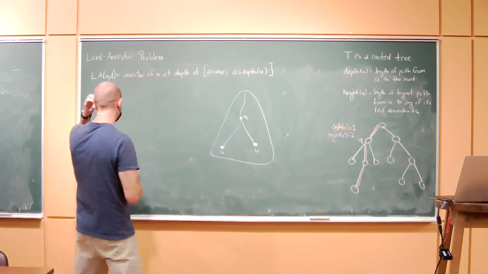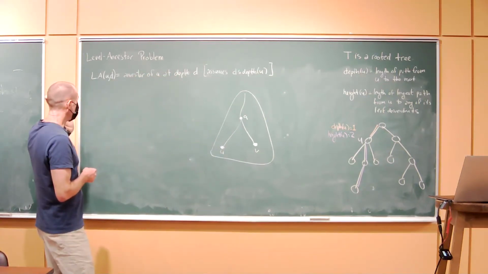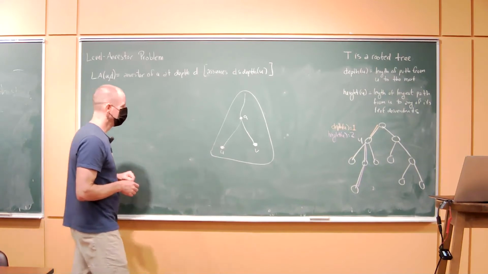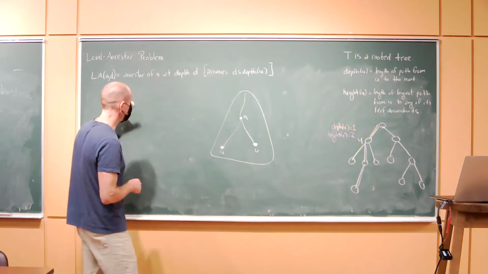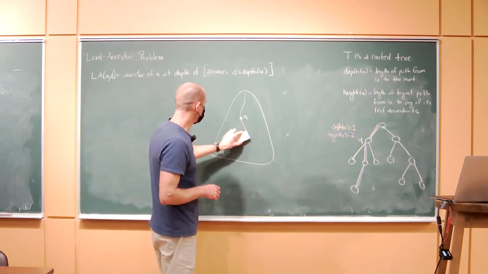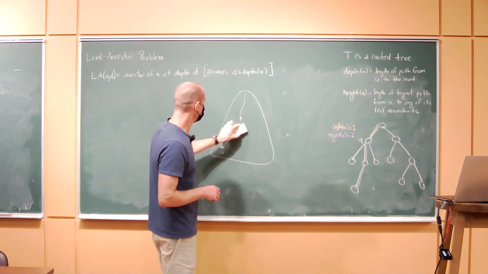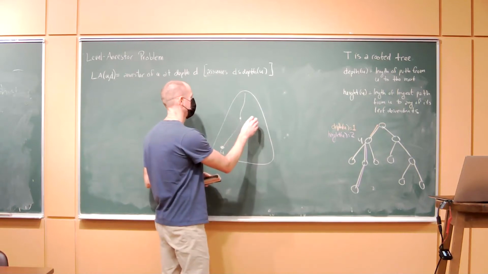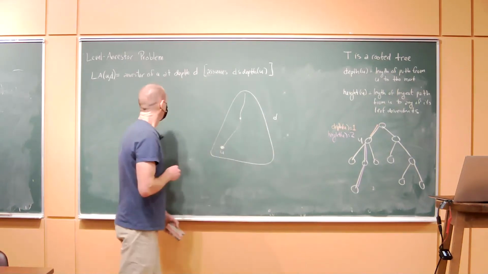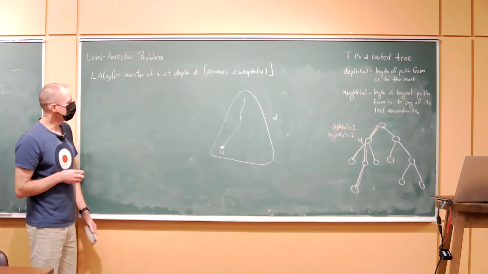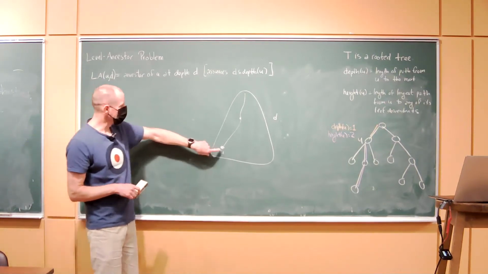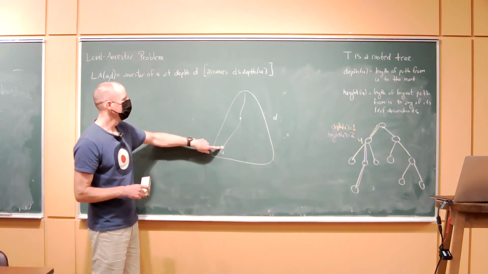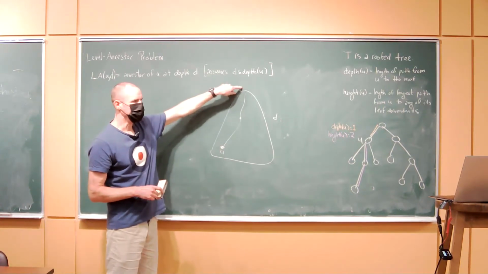It's still queries. There are 2 parameters: a node U, and instead of a second node, a depth D. What you're supposed to do with this query is tell me the ancestor of U which has depth D.